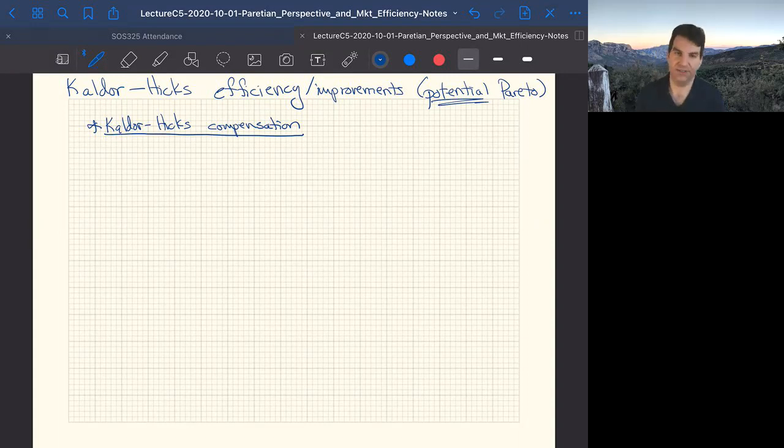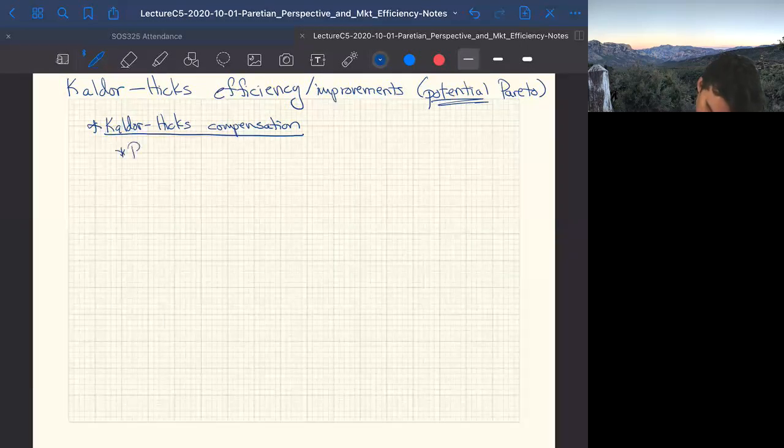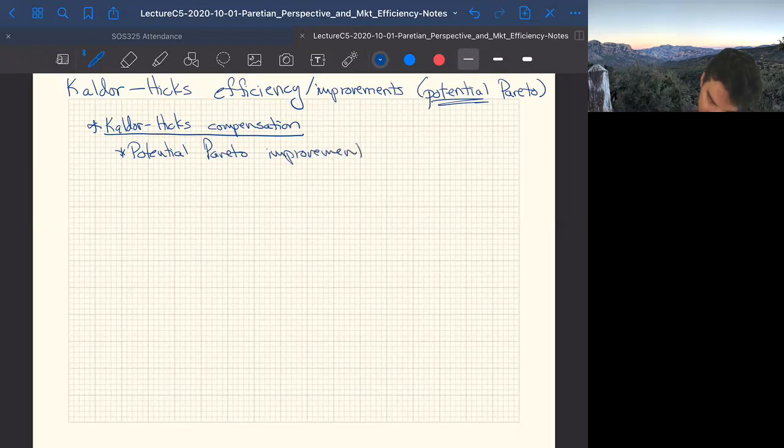So to repeat that, and we'll write this down too, we're looking for so-called potential Pareto improvements, where we assert that side deals are possible in theory.